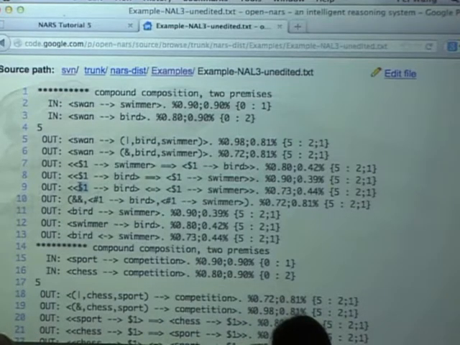Here I'm saying that everything in the extension of S is also in the extension of P. So the field of evidence, what is the evidence for this conclusion, is the extension of S. On the other hand, the evidence for this is the intension of P. And that's another principle of NARS. Never talk about everything. You don't have the knowledge or resource to say that, even for a variable.